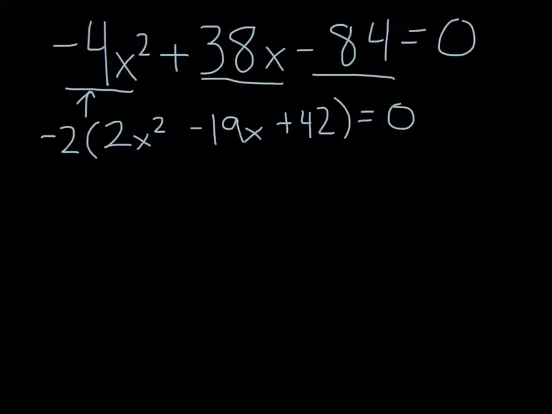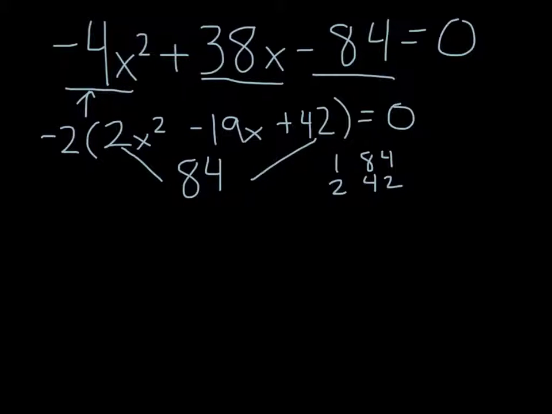So my next step is to take the leading coefficient and the constant at the end and multiply them. I get 84 when I multiply. And then I'm looking for things that multiply to get to 84, but they add to get to -19. So you can list all your factor pairs if you want, 1 and 84, 2 and 42, so on and so forth.